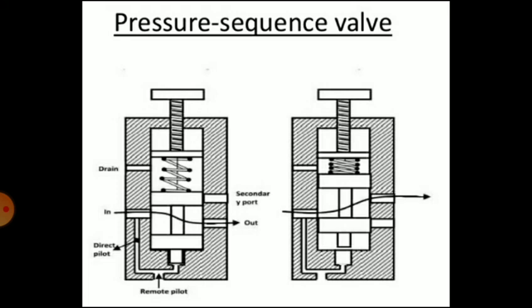The function of a sequence valve is to provide flow to a second consumer when the pressure level at a particular consumer has reached a threshold value. As the name implies, it is used for sequencing the operations one after another.